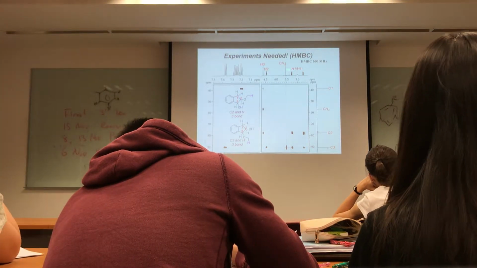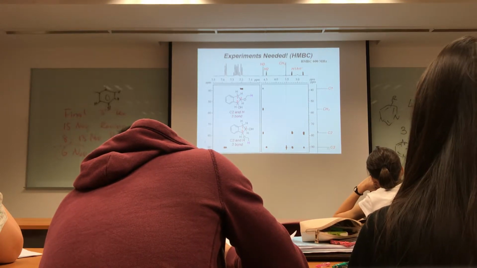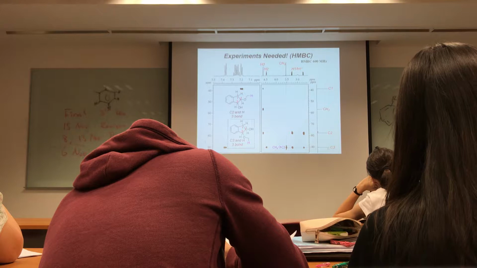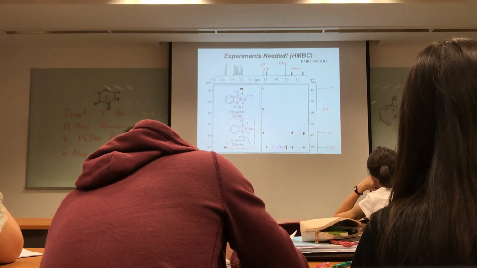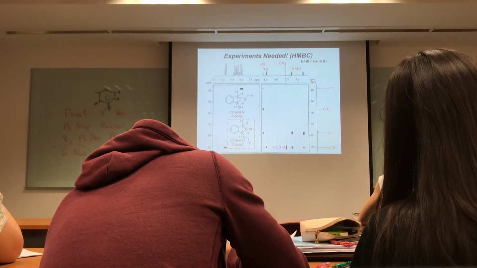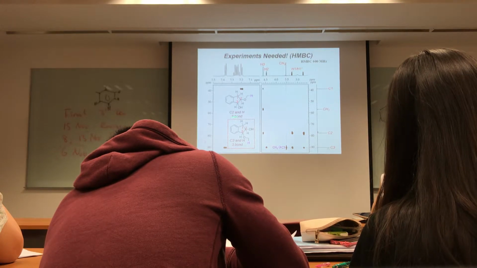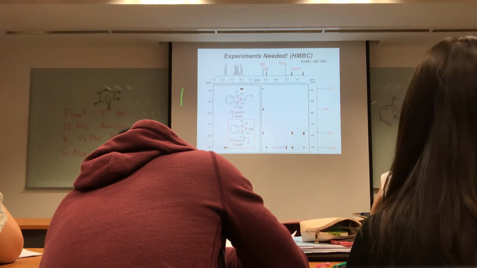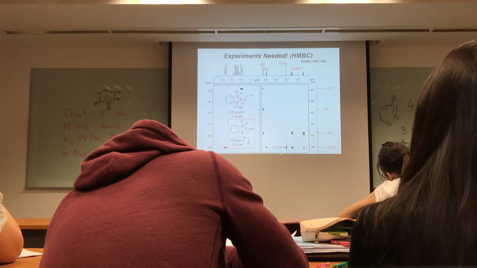That means methyl proton shows correlation with carbon 3. Now it's clear. It's this structure. Methyl sees carbon 3, not carbon 2. If methyl sees carbon 2, it's this structure. If methyl sees carbon 3, it's this structure. Now with this HMBC, we can clearly tell it's the bottom structure.